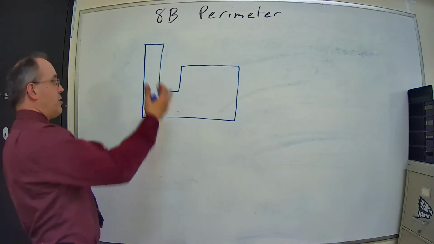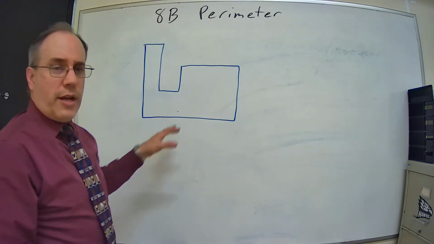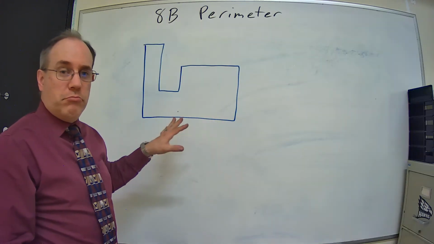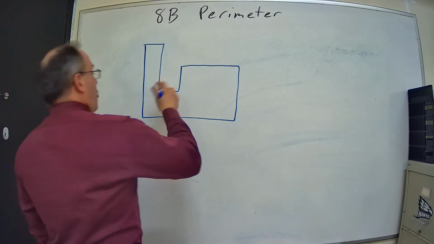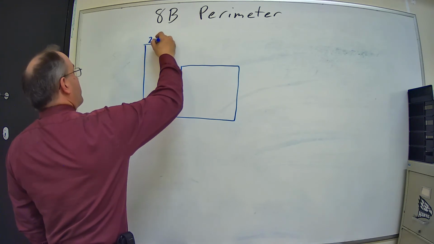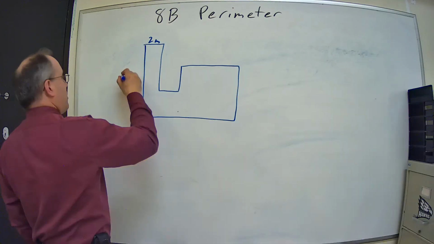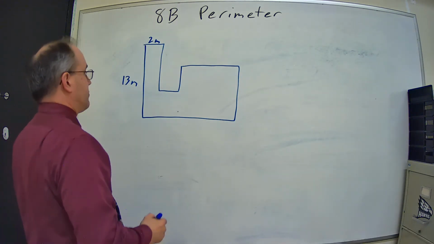Okay, so I've got a shape that kind of looks like, if I did a swirly thing here, it reminds me of Turbo, a snail, right? Okay, so I have this. That's 2 meters, 13 meters.